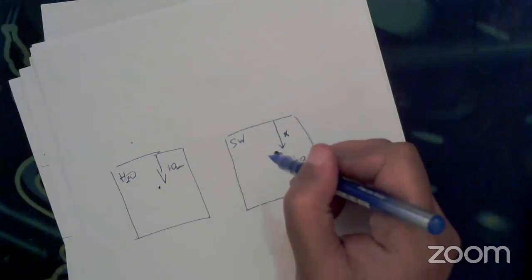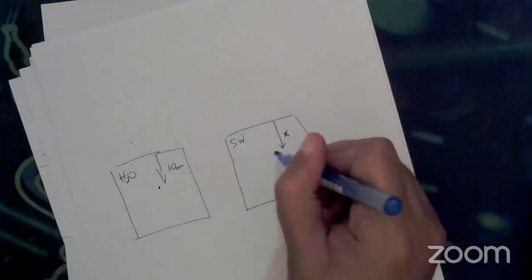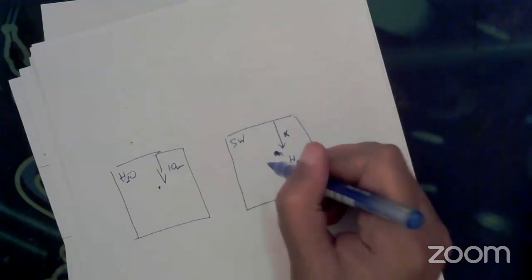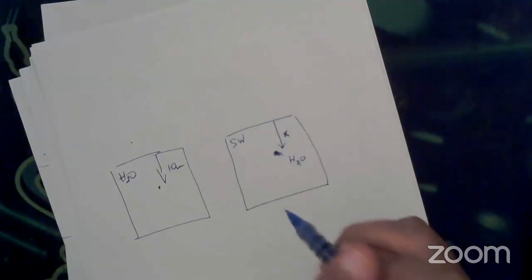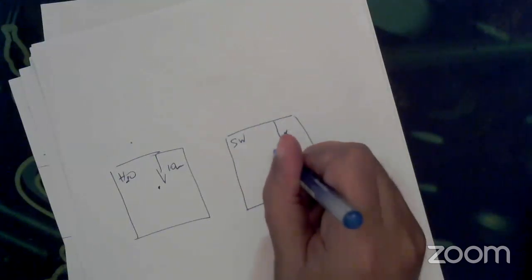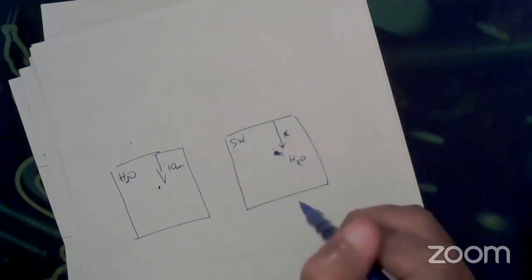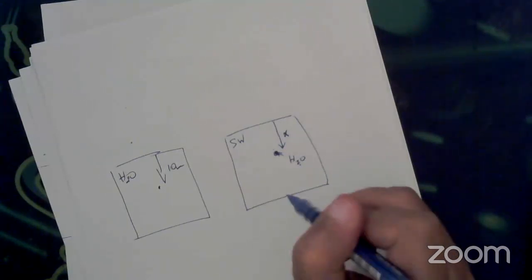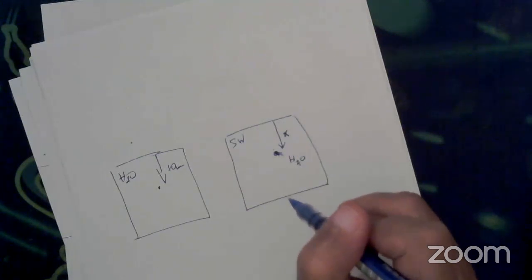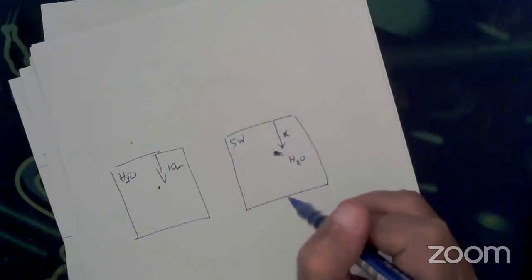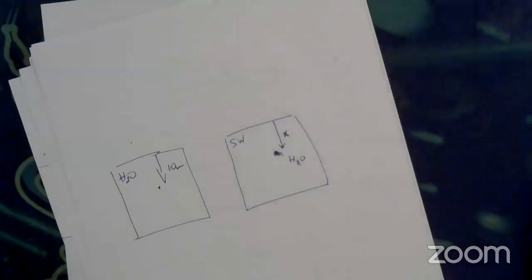If this point is at 10 centimeter depth, then the beam is going to be attenuated more than in water because solid water is denser. That's why people tend to shift it and put it at 9.6. But my argument is when you do this, your point is now closer to the source. So although maybe you account for attenuation, I'm not sure, the point is actually closer to the source.